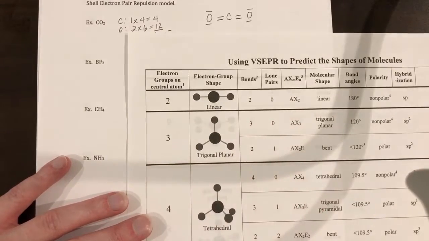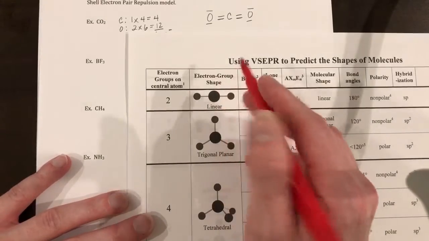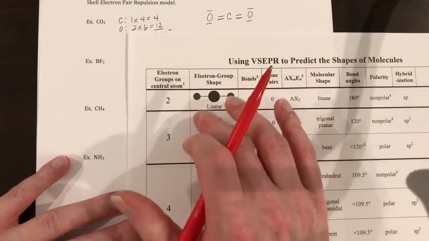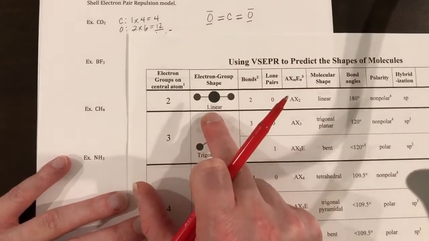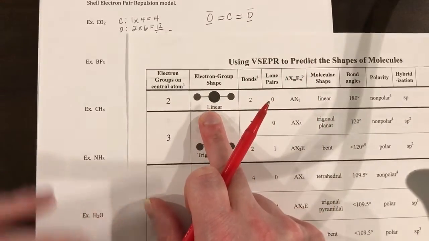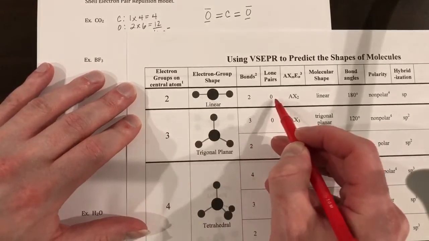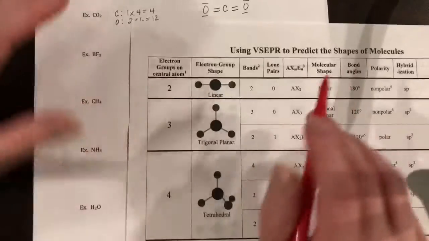Okay, so the electron domain geometry or electron group shape, whatever you want to call it, is going to be linear. Okay, the molecular shape, because it has 2 bonds and 0 lone pairs, is linear. Okay, so it's going to make a 180-degree angle.